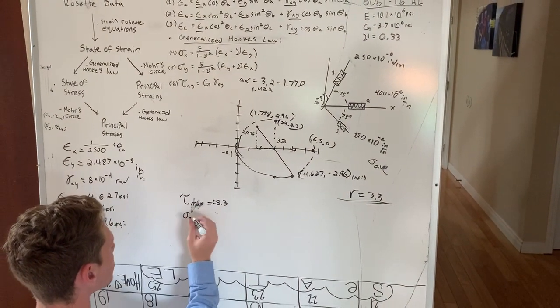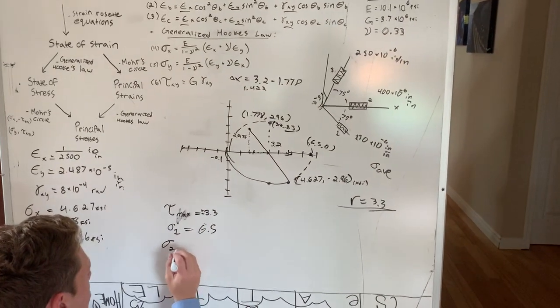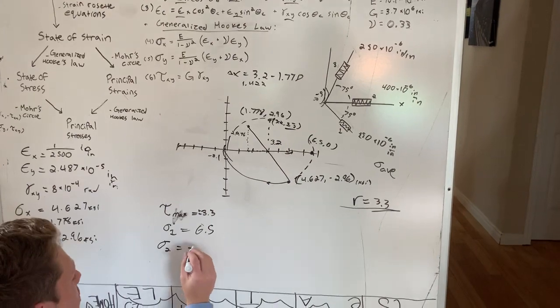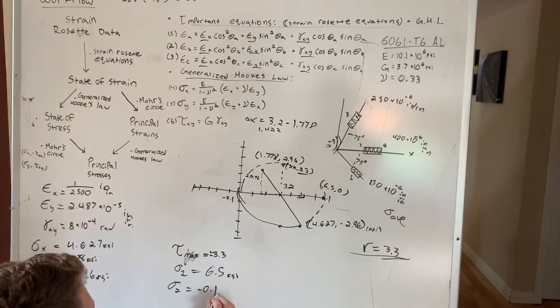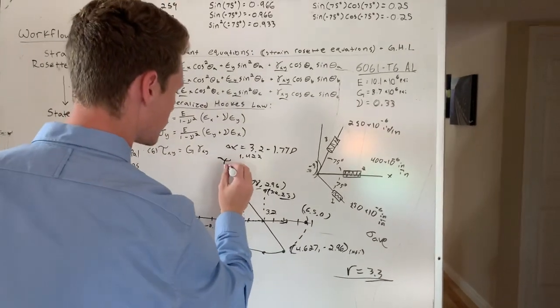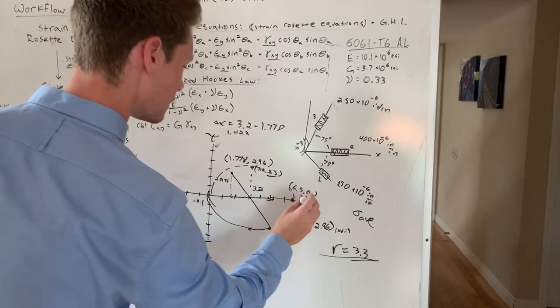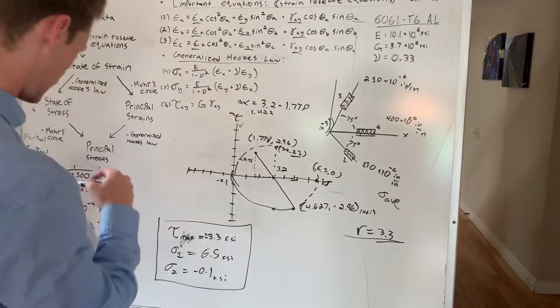Sigma 1 is equal to 6.5. Sigma 2 is equal to negative 0.1. And this is in ksi. Tau and shear. And these are our principal stresses.